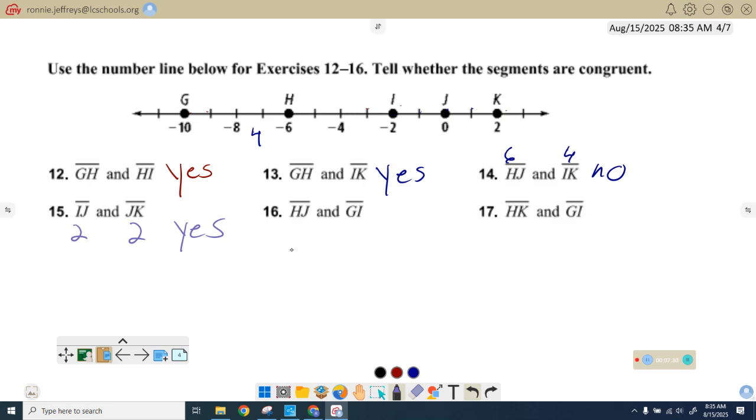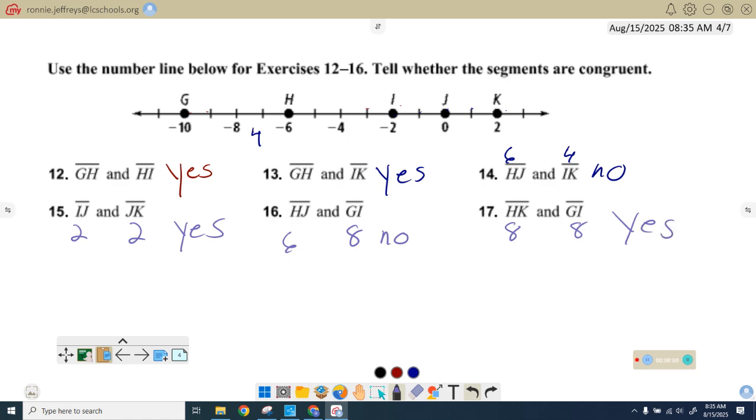HJ is 6. GI is 8. So this is a no. 1, 2, 3, 4, 5, 6, 7, 8. So this is 8.